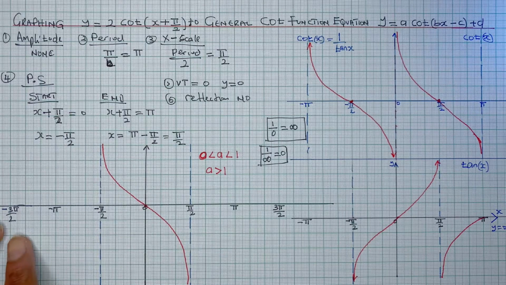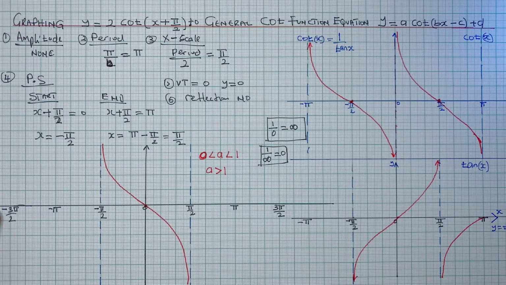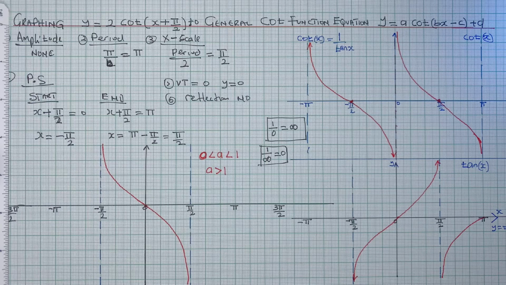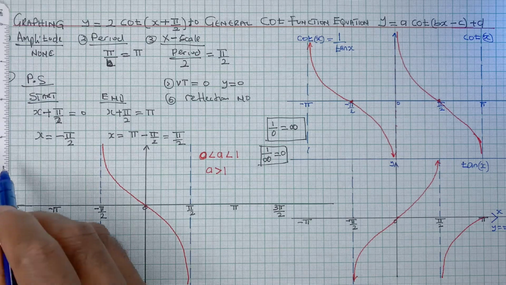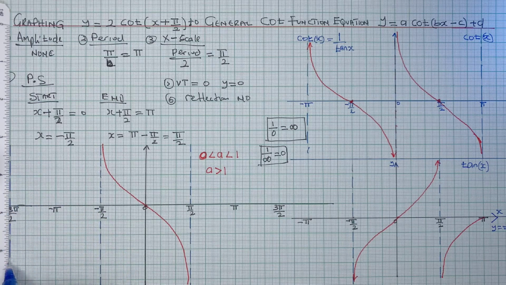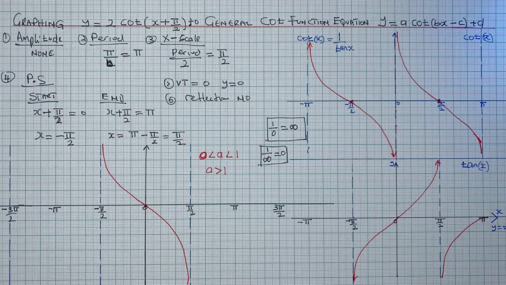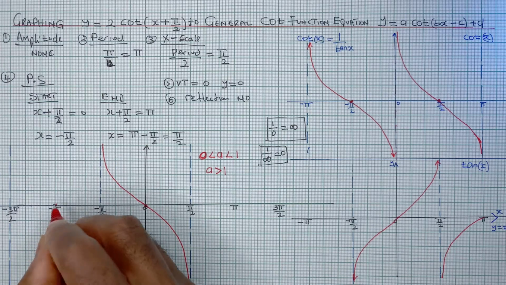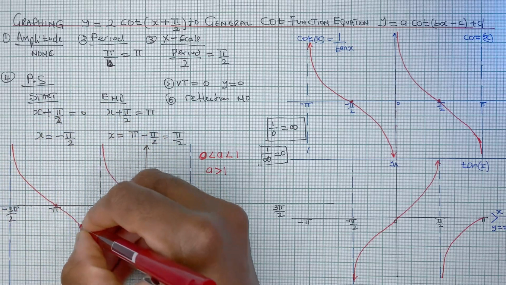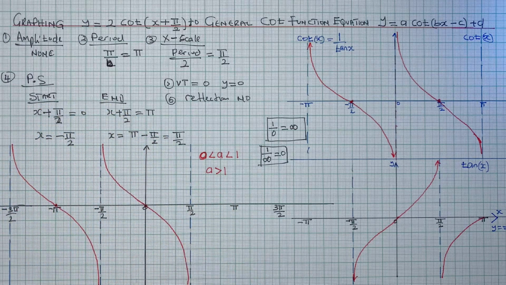So we could do another period by just drawing the line of asymptote at 3 pi over 2. That would be the next line of asymptote here, because it's every pi. The curve will be going through pi. So again, it will be coming through there and going there. So that's the 2 period function.